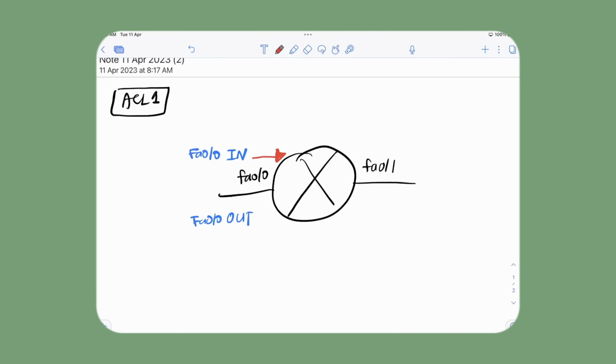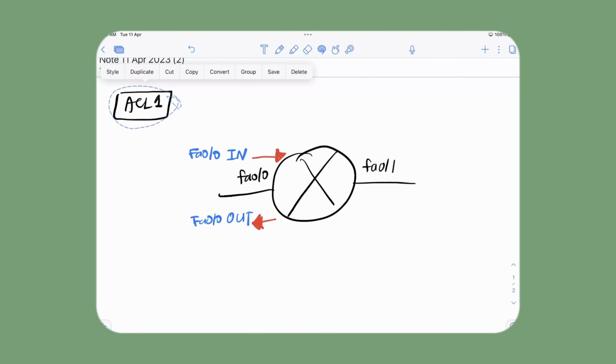FA00 out means you are going out from the router. So you see, in one FA00 itself, I can put 2 places already. I can either put this ACL1 here, FA00 in, or FA00 out also can. There's no right or wrong, there's just which is better.